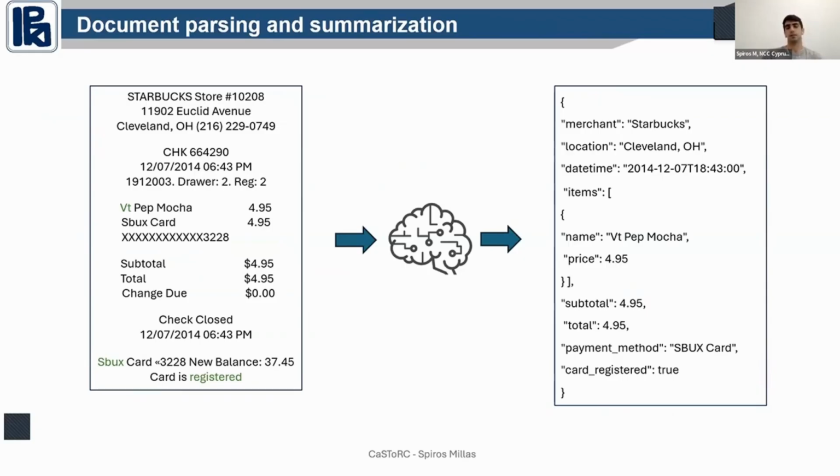It identifies what each part of the text means: the merchant, the date, the items purchased, the total, and the payment method. And instead of just a block of plain text, now you have data that's ready to be analyzed, essentially. And depending on the prompt, of course, you can fine tune your output to exactly the way you want it to be.